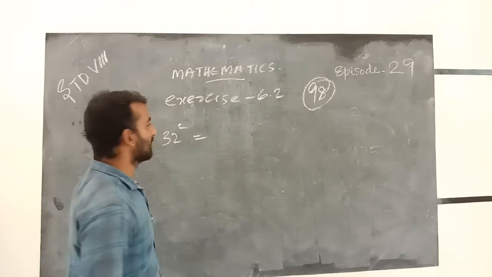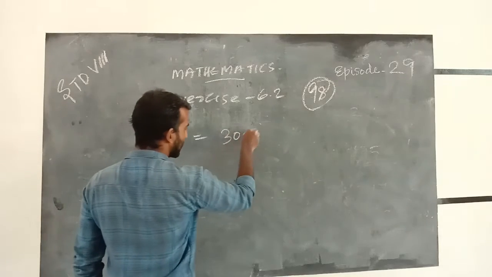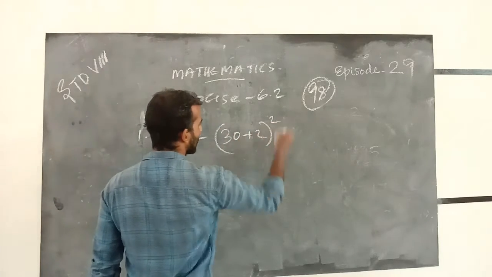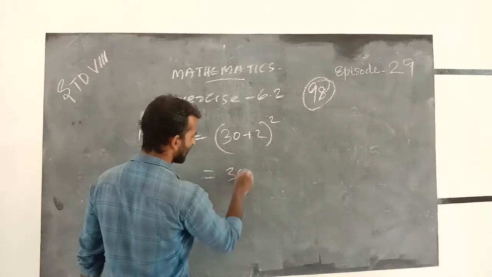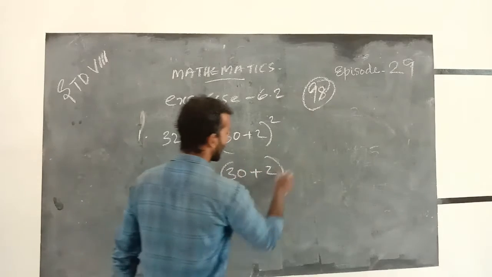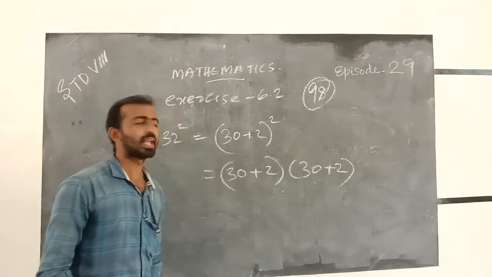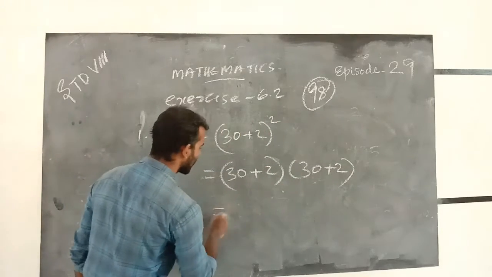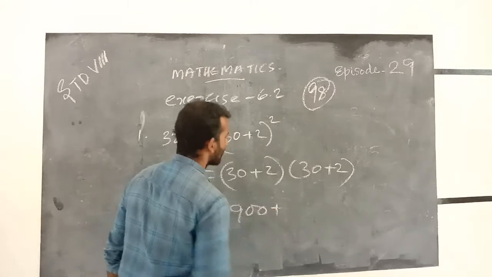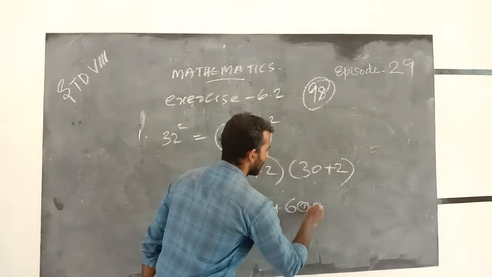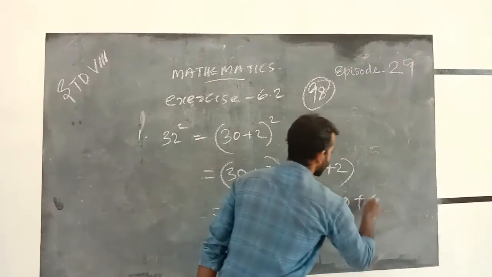We find it by a simple method: 30 plus 2 the whole square, we can write. That is 30 plus 2 into 30 plus 2. That is 30 into 30 we get 900, plus 60, plus 60, plus 4.